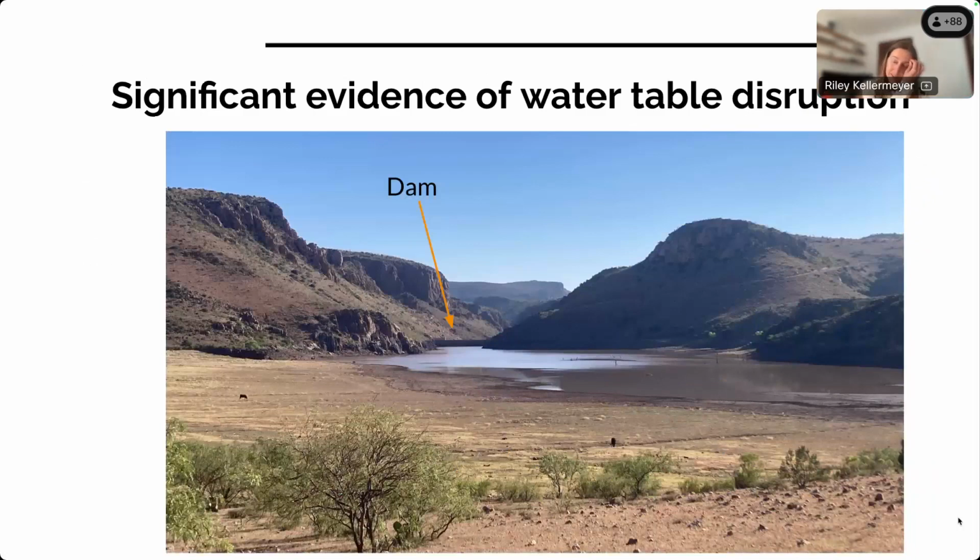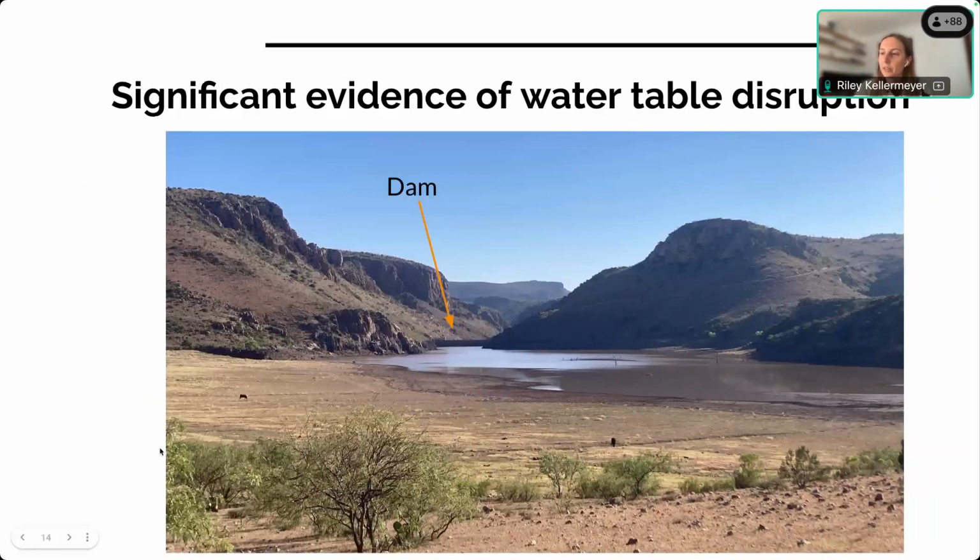So I'm going to spend a bit of time talking about just what we saw based on these habitats. Based on the species distribution modeling and iNaturalist data, we had a pretty good sense of where we would find turtles. And there were a lot of times that we were not successful. So for example, here's a lake in Chihuahua with evidence of a dam that's been built across the lake.